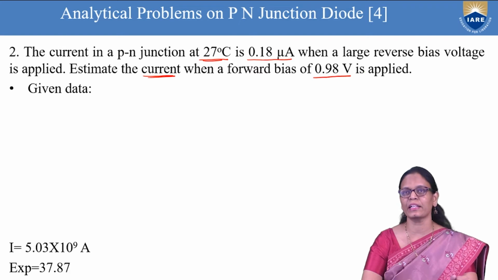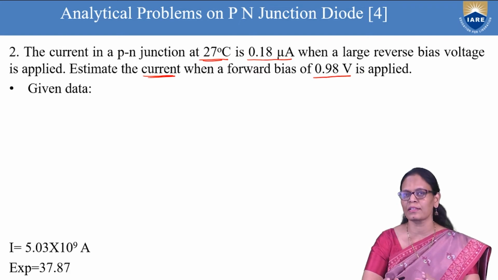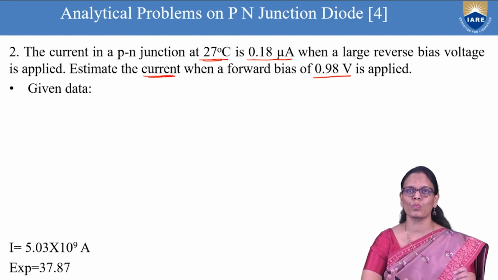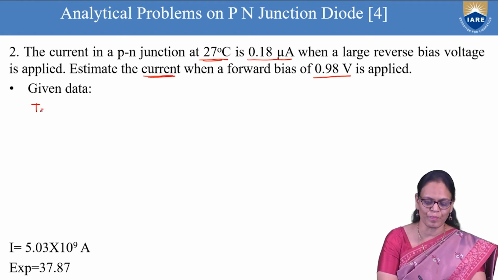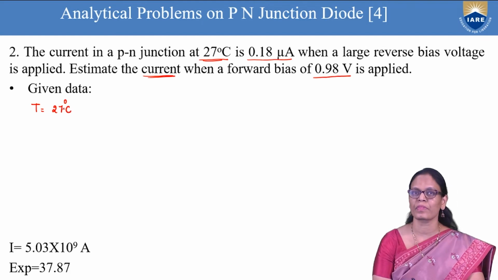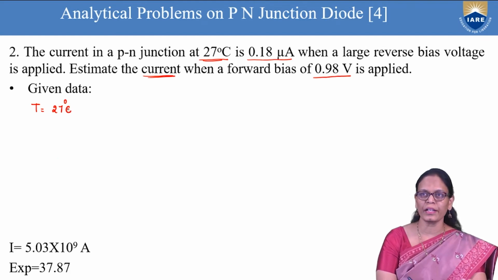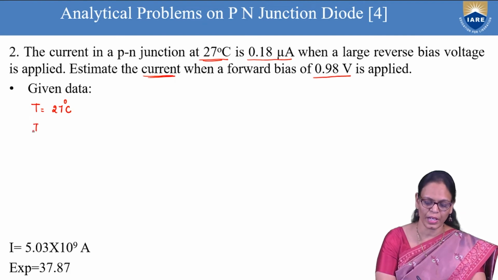So let us write the data. What is the data that is given and what we have to find? When we write it clearly, the concept becomes very clear. So first given is the temperature. Temperature given is 27 degrees Celsius. And the current that is flowing is 0.18 microampere for a large current.